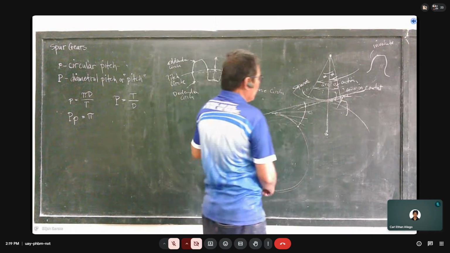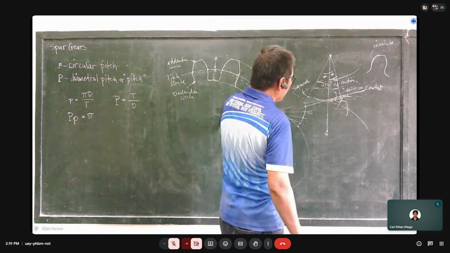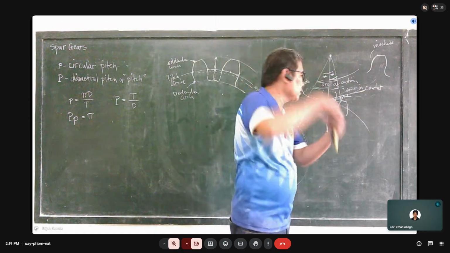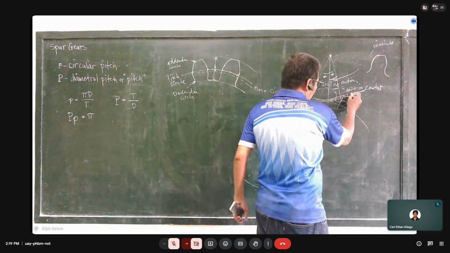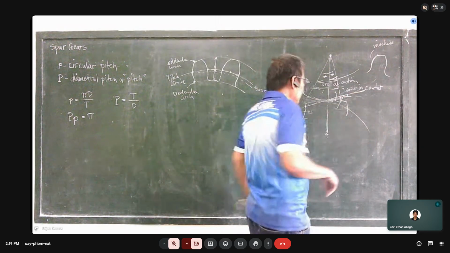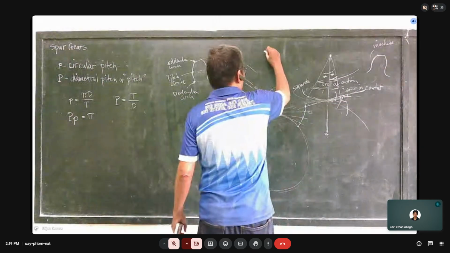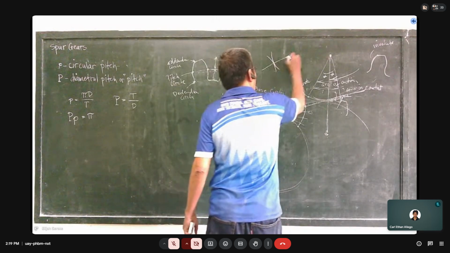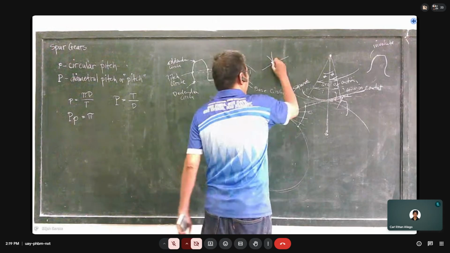So the result is that when you have the envelope in contact, this is the contact point, and this is perpendicular.